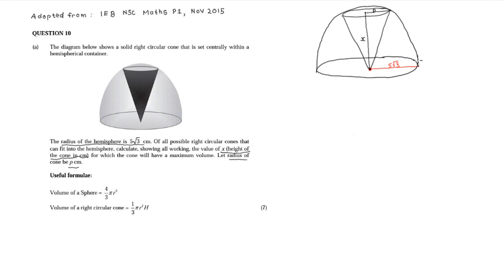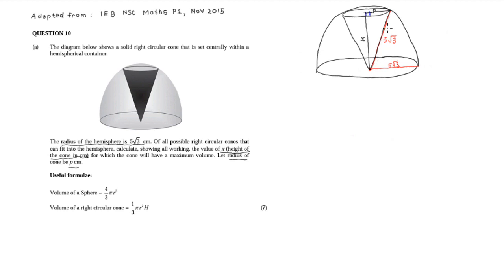A useful radius is going to be the slant height of our cone, which has a value of 5 square root 3. Now you can see that you have a right-angled triangle. The cross-section of this cone is made up of a height x, a radius p, and a slant height of 5 root 3.